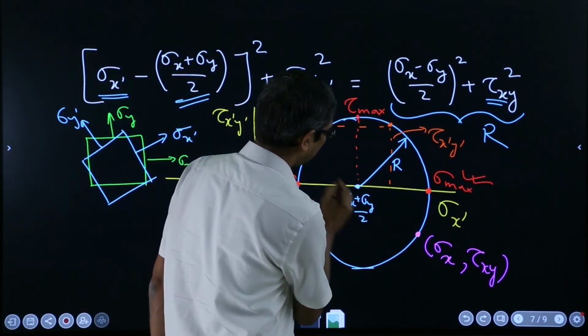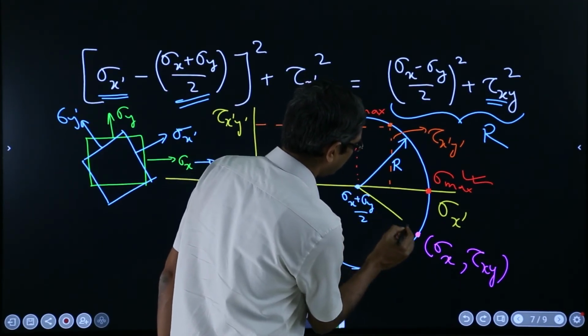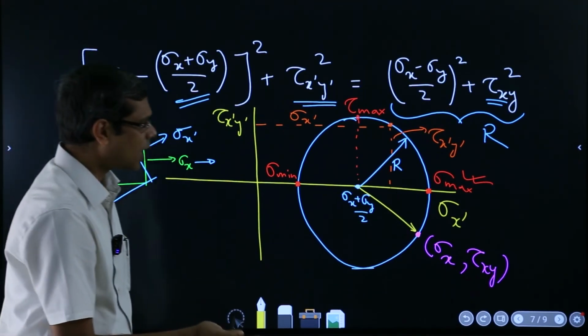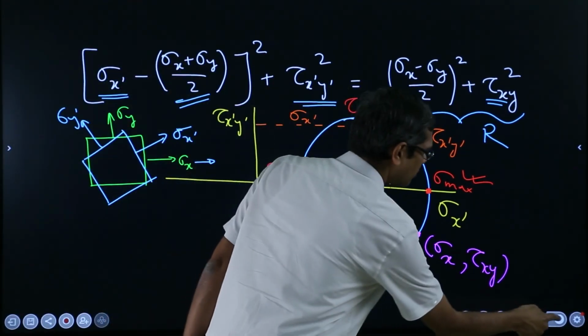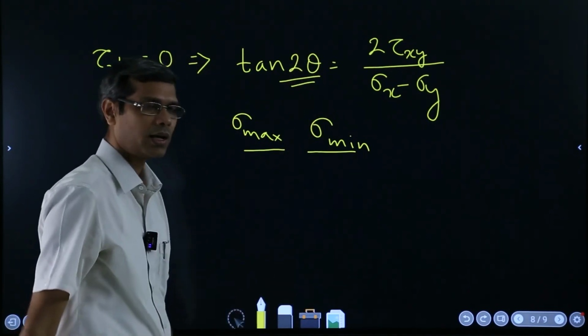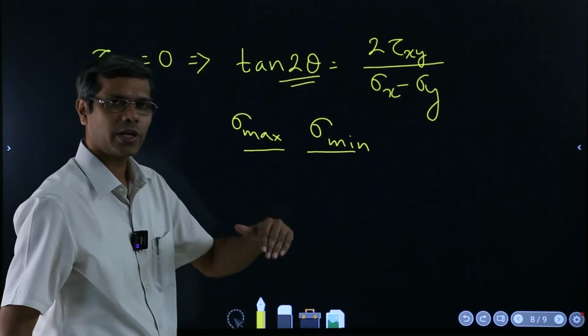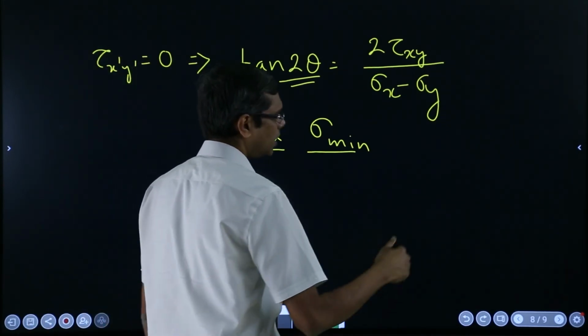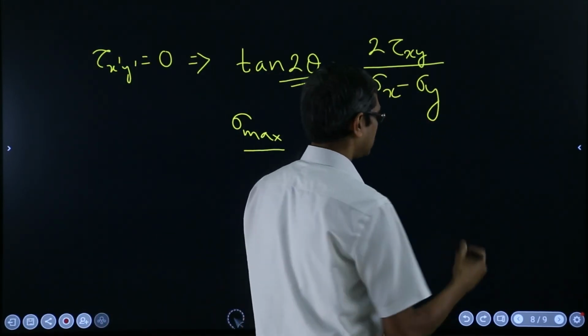Suppose this is the point where you had measured your sigma x, sigma y. So now with respect to that, you are going this angle theta to come to a stage where you will find out the maximum normal stress.